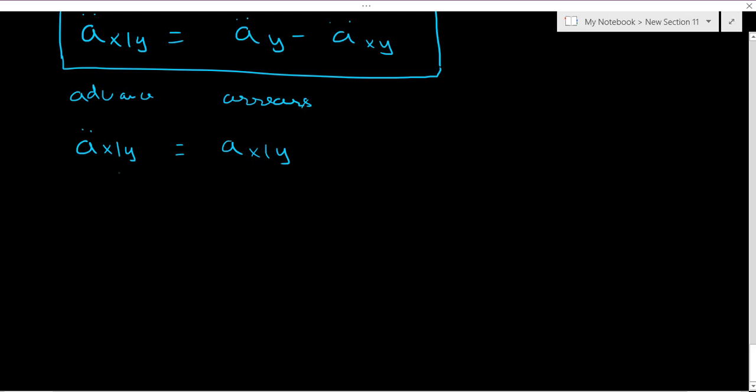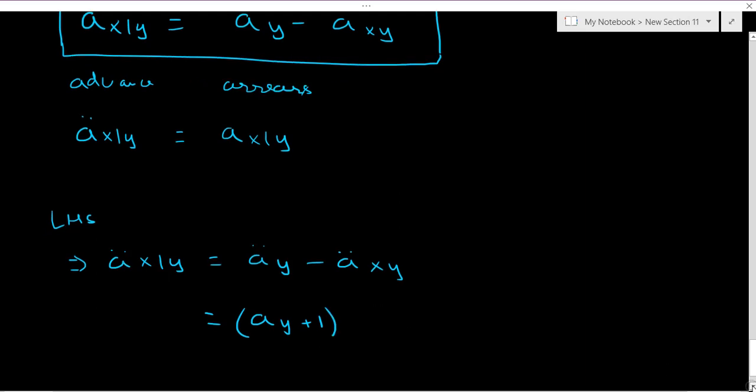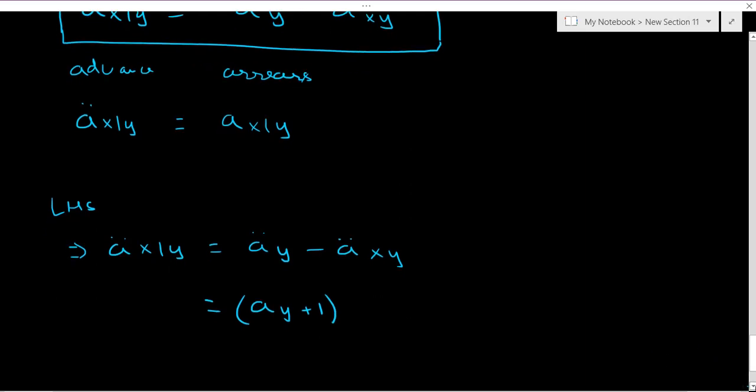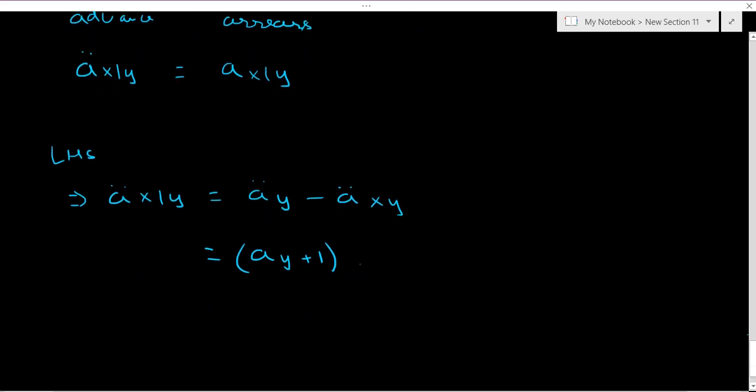If you want to prove this, let's start from the LHS. So this just becomes a due x given y. So that becomes a due y minus a due xy, and this is equal to ay plus 1. That's how I can convert an annuity payable in arrears into an annuity payable in advance. Okay, minus axy plus 1, right?